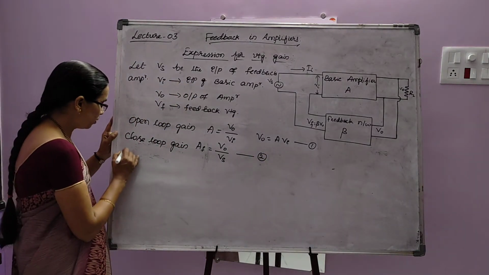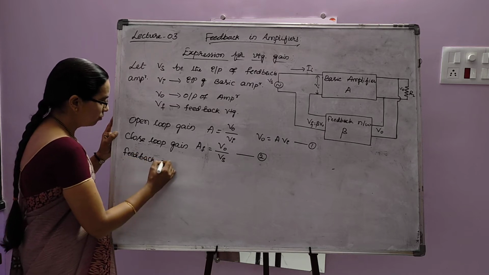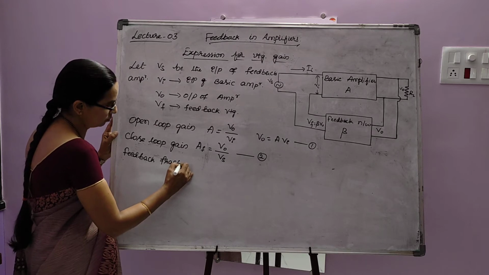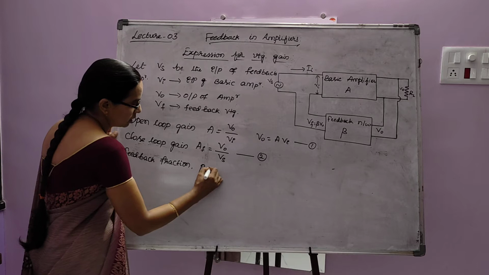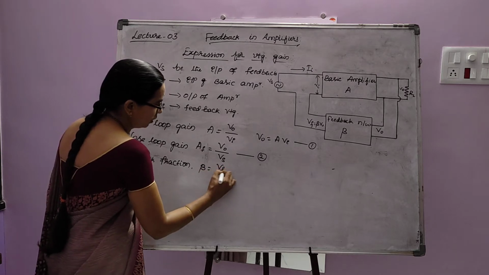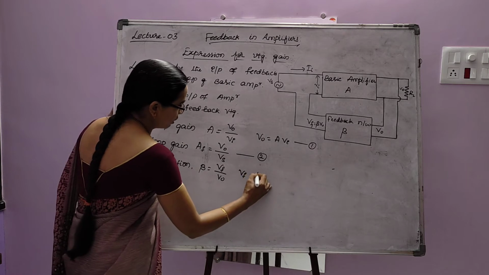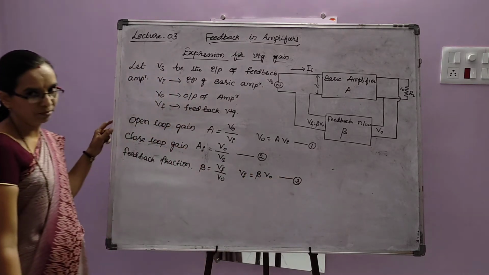Then the feedback fraction or feedback factor beta is equal to Vf by V0, or Vf can also be written as beta V0. Call this equation number 3.